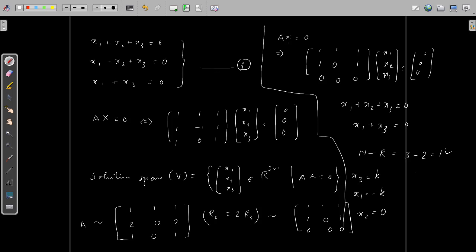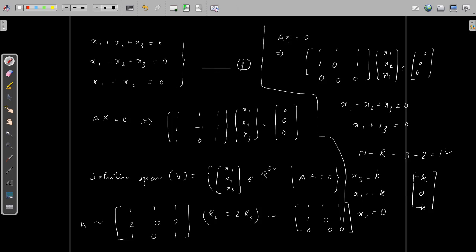So this shows that the solution space contains vectors of the form minus k, 0, k. This is the solution space of the linear system Ax equal to 0.